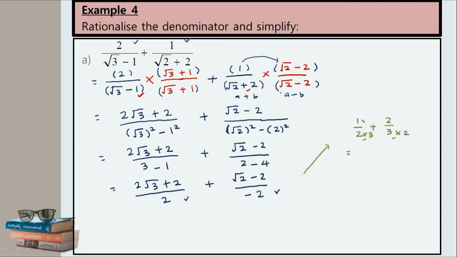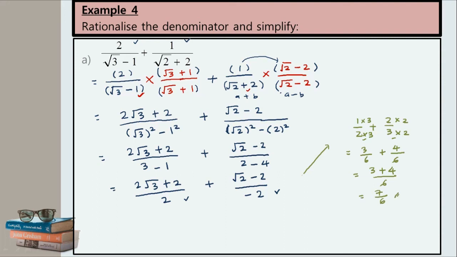So bila bawah kita darab dengan 3, atas pun kita darab dengan 3, bawah darab dengan 2, atas pun kena darab dengan 2. So 1 darab 3, 3, 2 darab 3, 6, tambah 2 darab 2, 4 per 3 darab 2, 6. Bila denominator dia sama, pembawah dia dah sama, kita boleh gabung 3 tambah 4 per 6. So 3 tambah 4, 7 per 6.